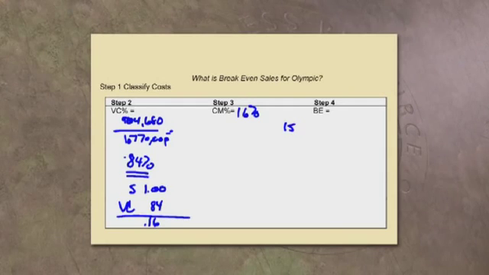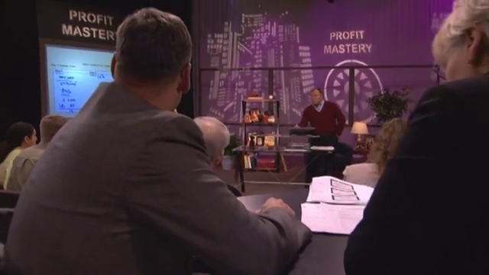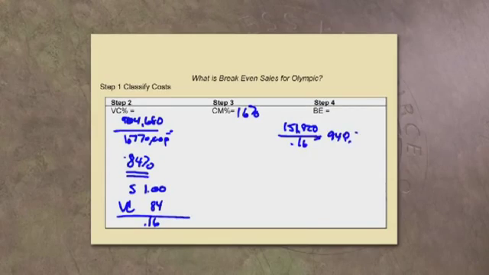Is that right? And how do we calculate the break-even? We took his fixed costs of 151,820, divided it by the 16 cents, and said our break-even is 948,875.